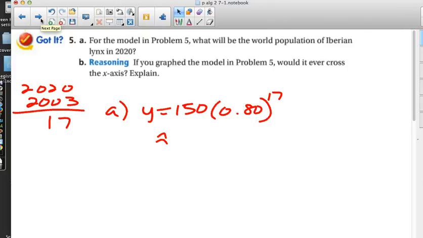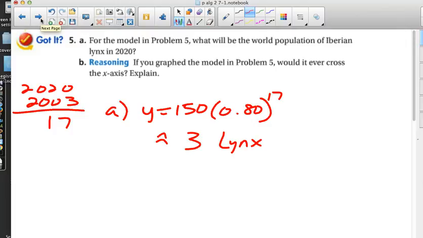So find for me about how many lynx. None. Can't have a negative amount of lynx. 3. 3 lynx. Which would probably mean the end of the lynx.